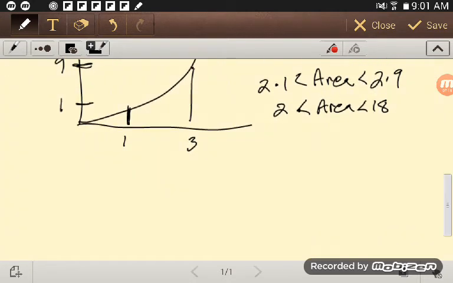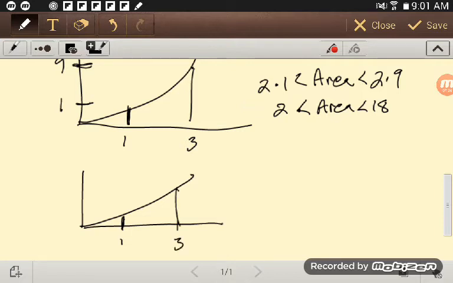But I could maybe do a little better than that by doing the same sort of thing. Okay, there's my 1, there's my 3. But now let's make a new rectangle. And so once again, I could take the minimum on each of these pieces.